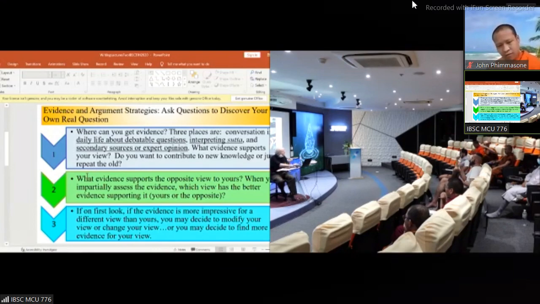So you might go at it like this. What evidence supports the view opposite to yours? When you impartially assess the evidence, which view has the better evidence supporting it? Yours or the opposite? And there you have to be open-minded.